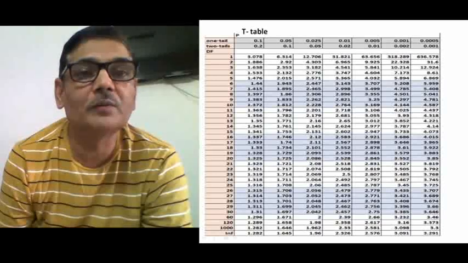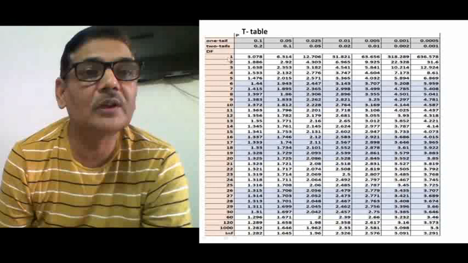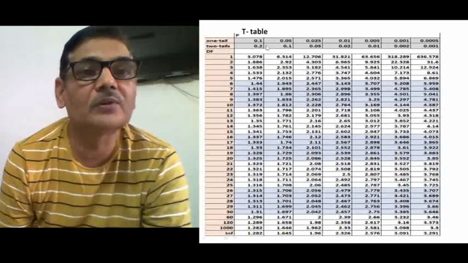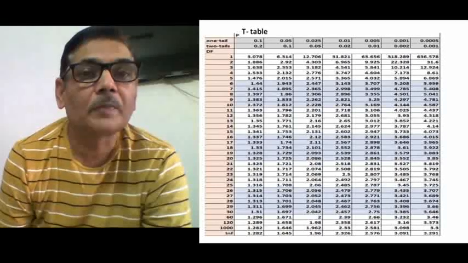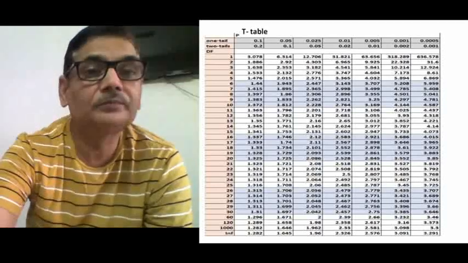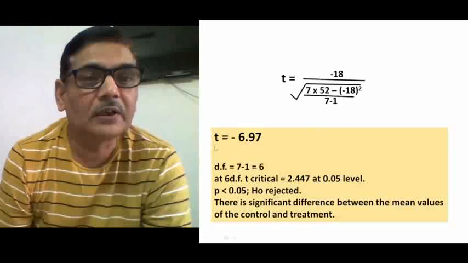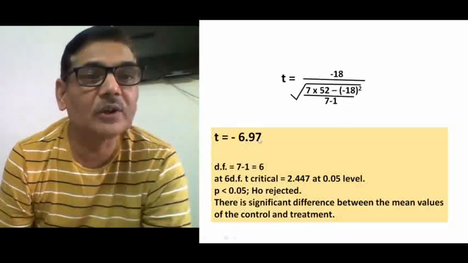So this value will be 2.447, because on the left side you can see the degree of freedom values are given, and here on the upper side, if you are doing two-tailed analysis, then at 5% level the value has come 2.447. So you have to actually compare with this value, and what we are observing, that the calculated value 6.97 is more than the table value.